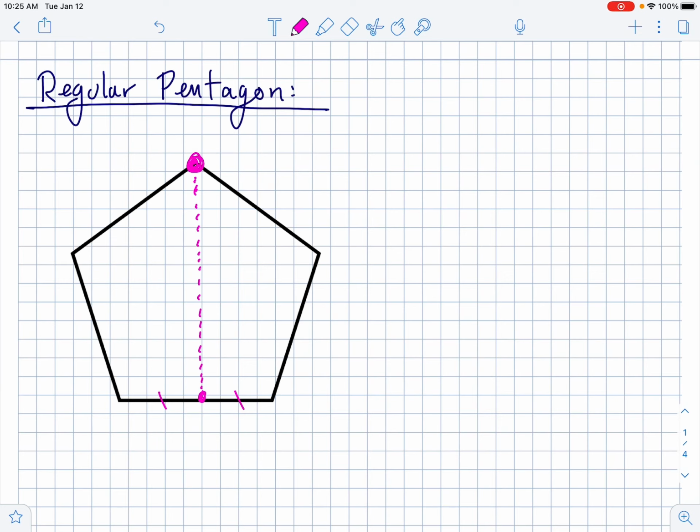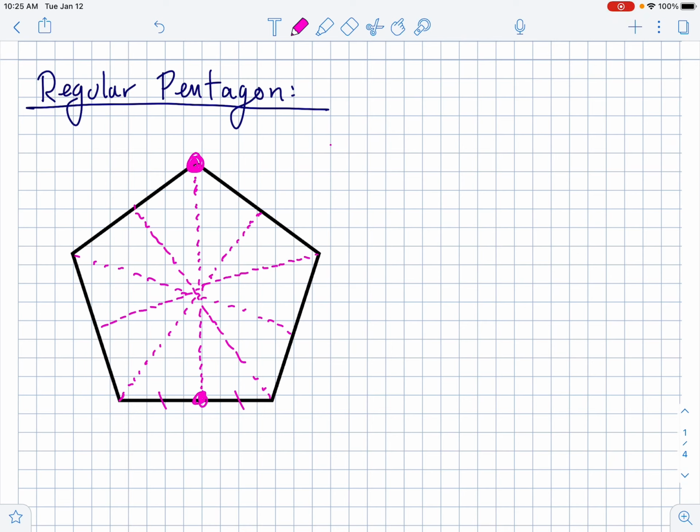So back to my lines of symmetry, I connected a vertex with a midpoint and found that line where you can fold it over. But that's not the only one. In fact, there's one that goes through here that connects a vertex to a midpoint. There's one that connects this vertex to a midpoint. One that connects this vertex to a midpoint. And there's one more that connects this vertex to a midpoint.